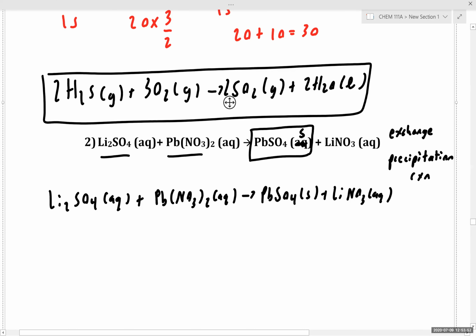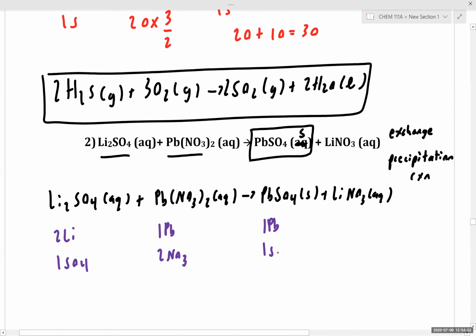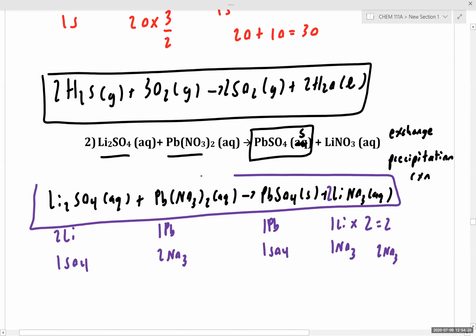So looking at the following example, we have 2 lithiums, 1 sulfate, we have 1 lead and 2 nitrate on the left. We have 1 lead and 1 sulfate on the right, and then we have 1 lithium and 1 nitrate on the right. To balance lithium, 1 times 2 would give us 2. And now we also have 2 nitrate. So now our equation is balanced.